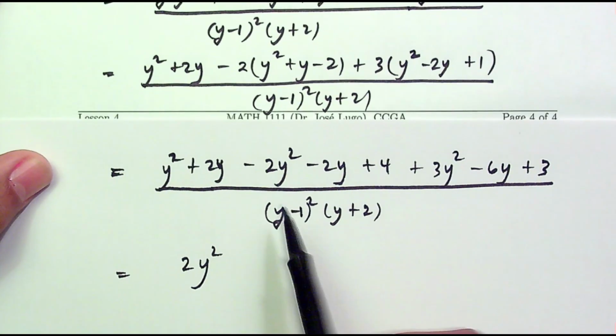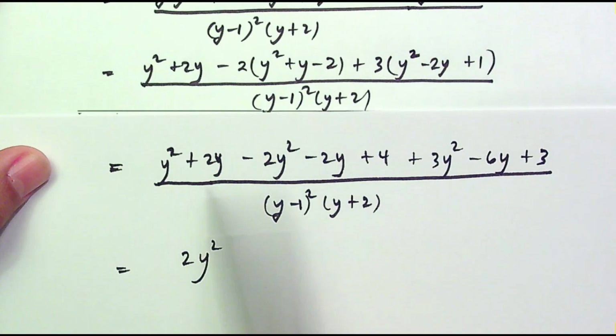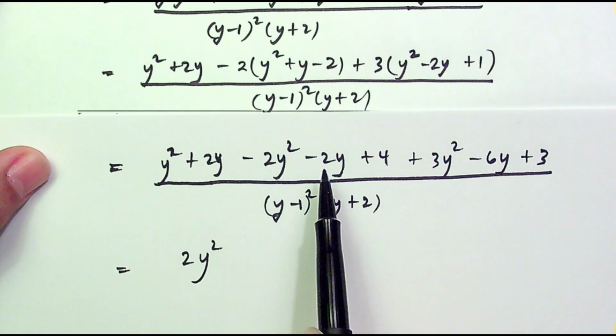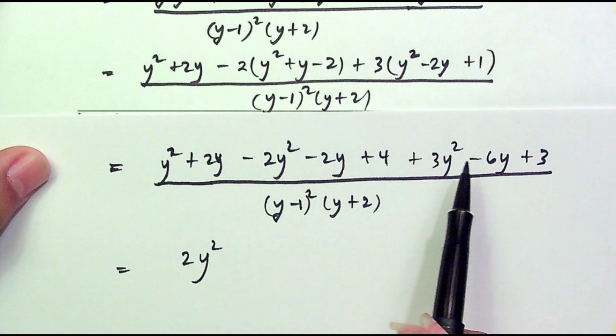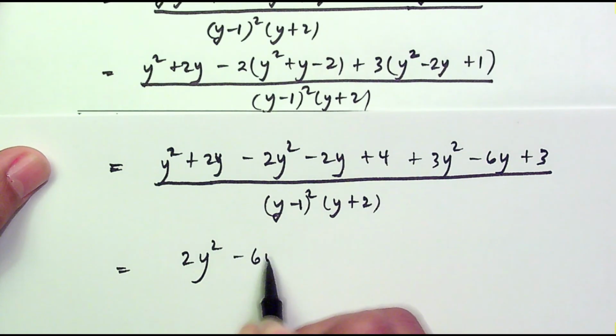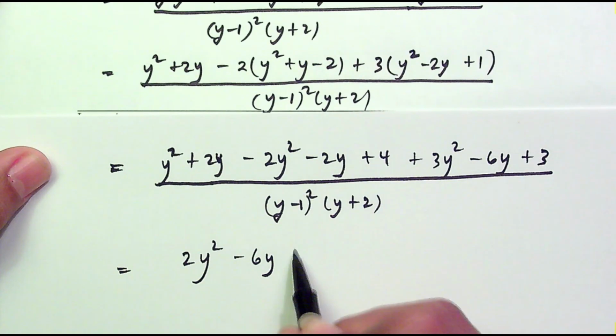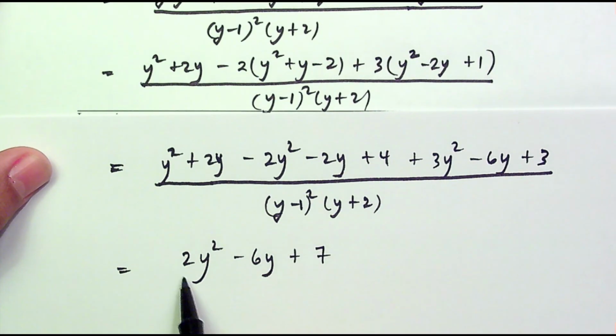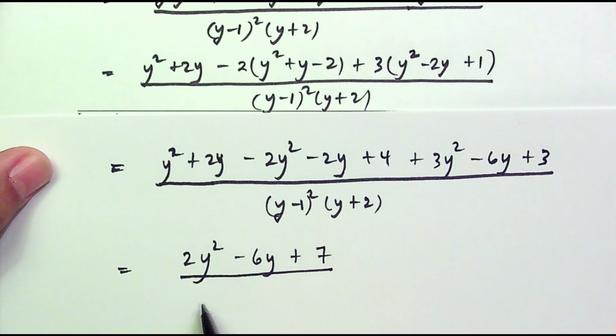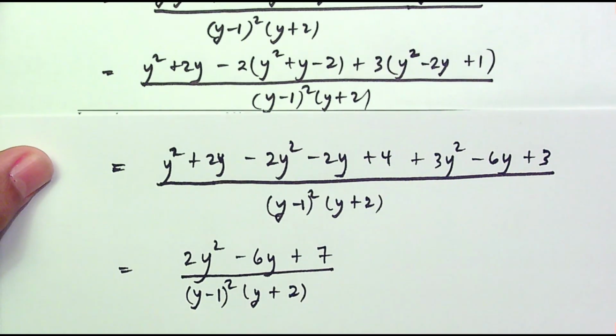Now let's combine the linear terms, 2y minus 2y is 0y, and then minus 6y, that would be minus 6y. And then the constant terms, 4 and 3, that is 7. And then on bottom we have y minus 1 squared, y plus 2.